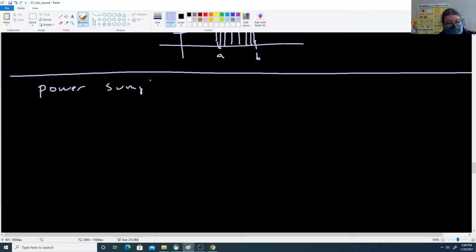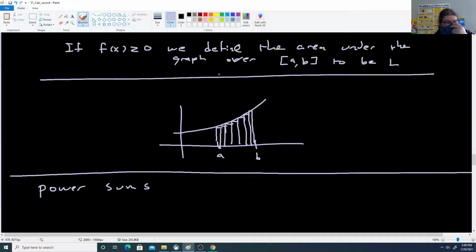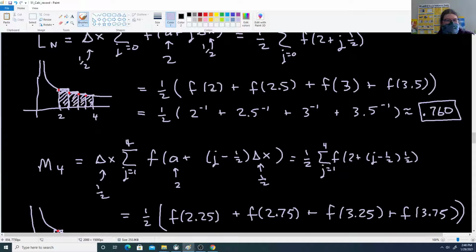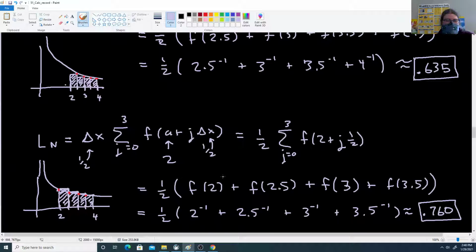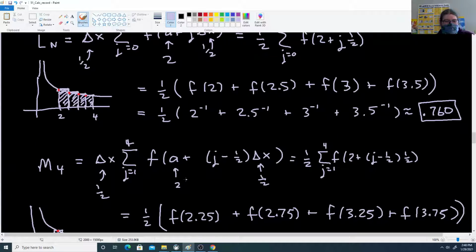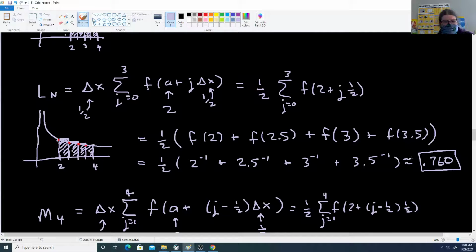And this will let us handle big summations, because whenever we did 4 of them, we had to go through by hand and calculate all of these. If you have 10,000 of those, you don't want to calculate the f of whatever for all 10,000 of them and type in 10,000 different bits to your calculator.